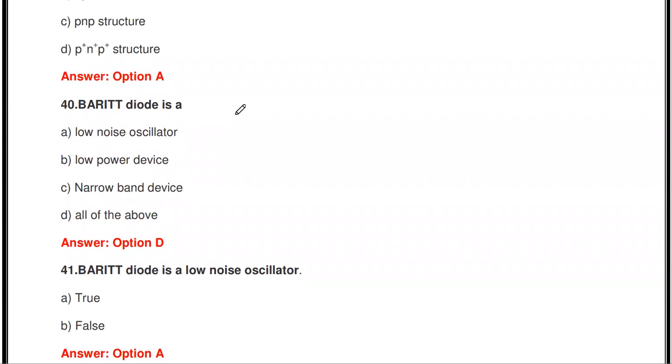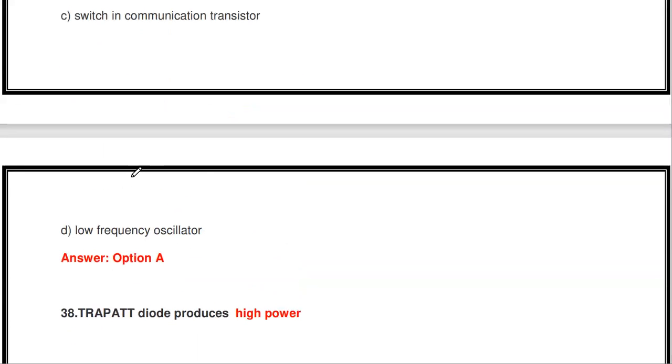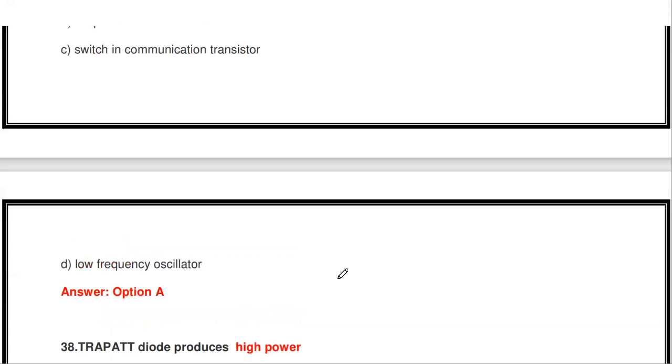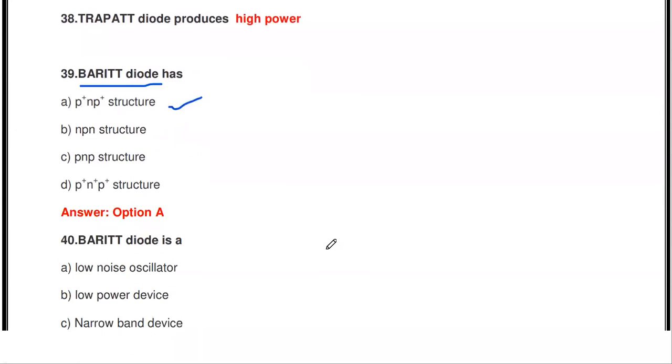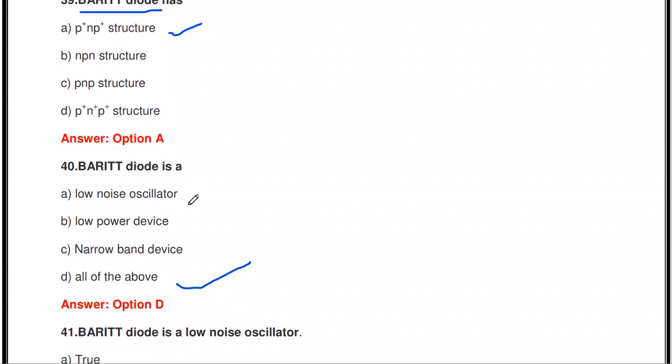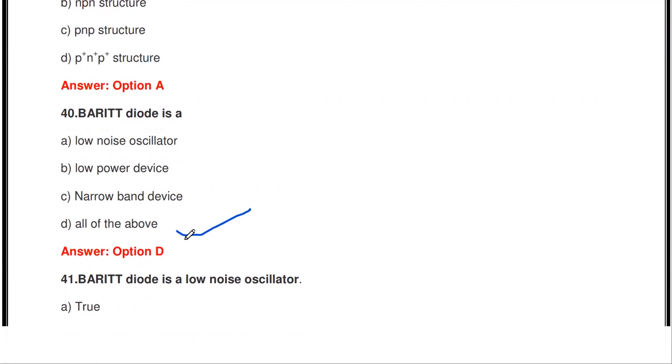Then the BARITT diode is a low noise oscillator, low power device, narrow band device, all of the above. All of the above. But the TRAPATT is the reverse: it is a high power device and a high efficiency oscillator. But this BARITT is a low noise oscillator, low power device, and narrow band device.